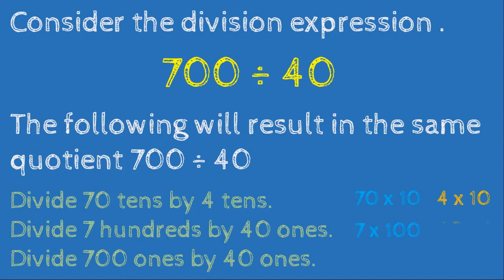We divide that by 40 ones, which is 40 times 1, which again is 40. It's our original number. Finally, it says divide 700 ones, which means 700 times 1, by 40 ones, which is 40 times 1, again 40. All of these expressions mean exactly the same thing.